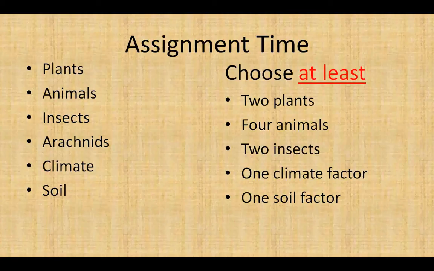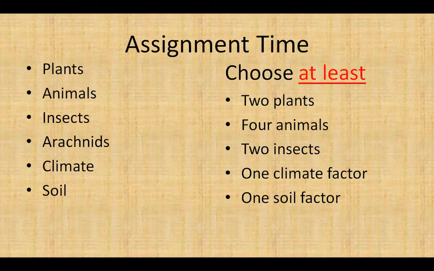And what you're going to do with these, for the plants, animals, all the living things that you would find in an environment, you are going to explain how these plants or animals have adapted to their environment, maybe their niche, in other words, what job or function do they perform in their environment.